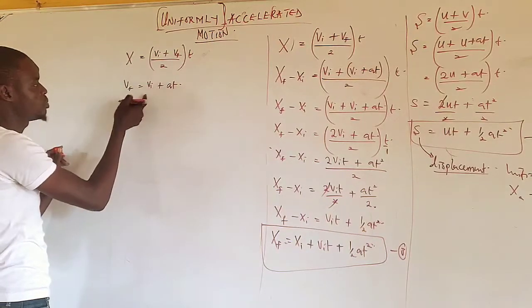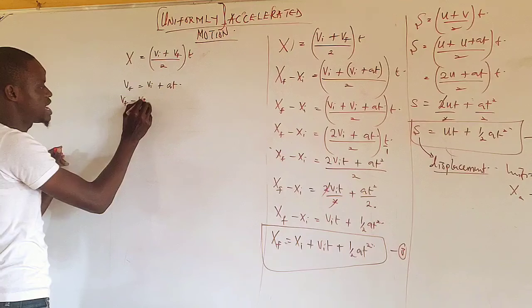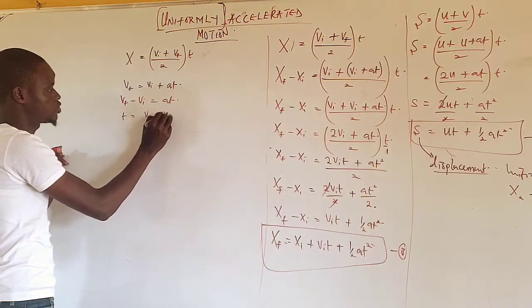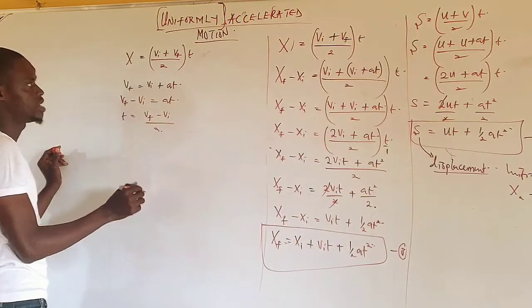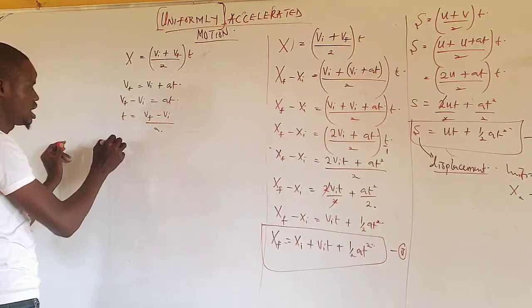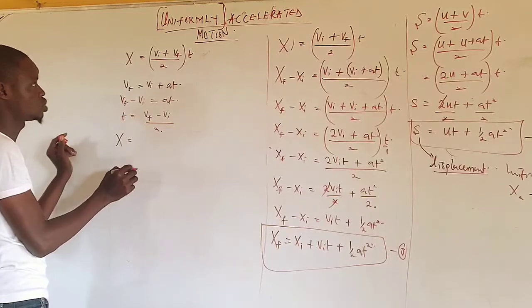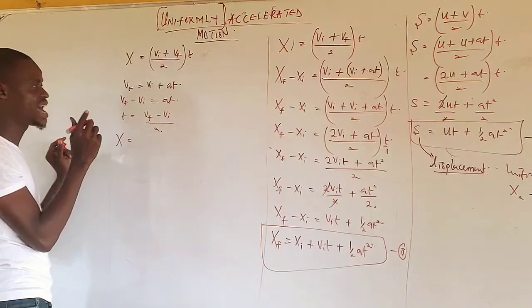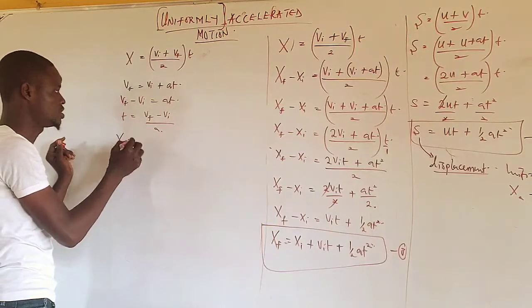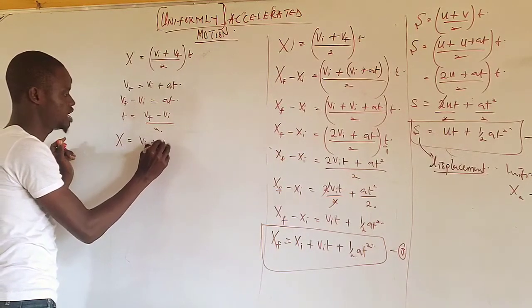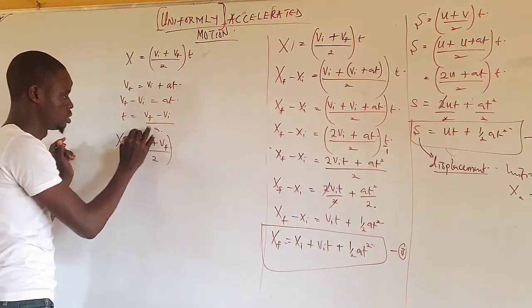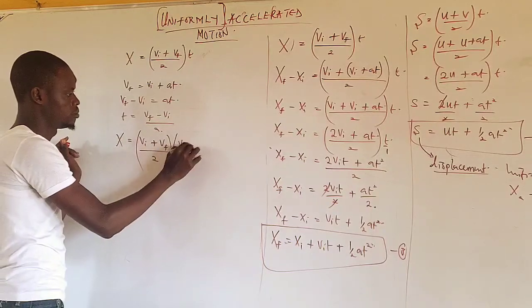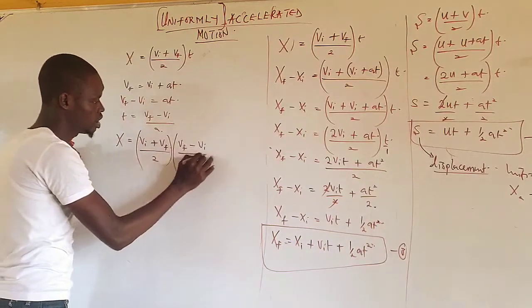If I make t the subject, I'll have Vf minus Vi equals at, then my t will be equal to Vf minus Vi all over a.